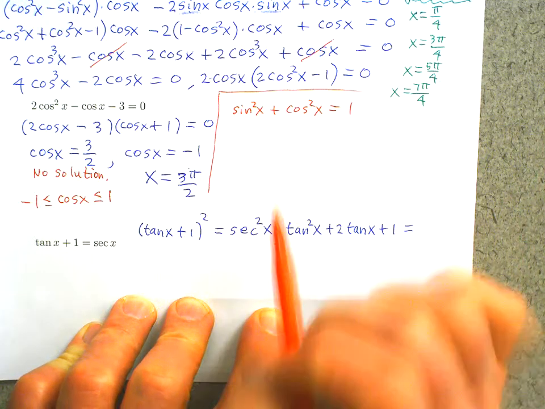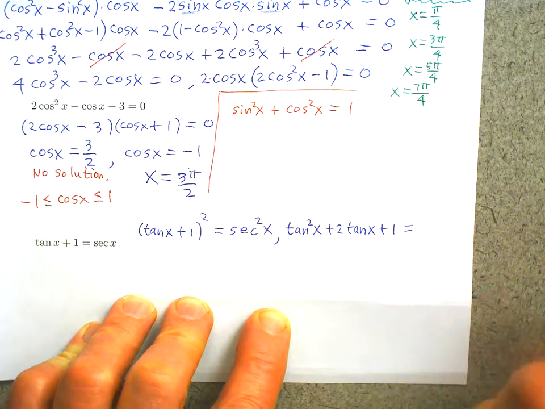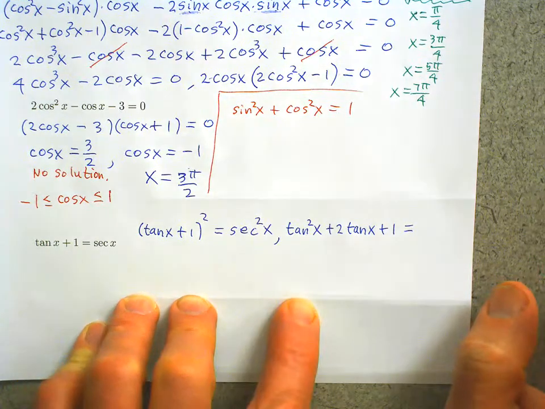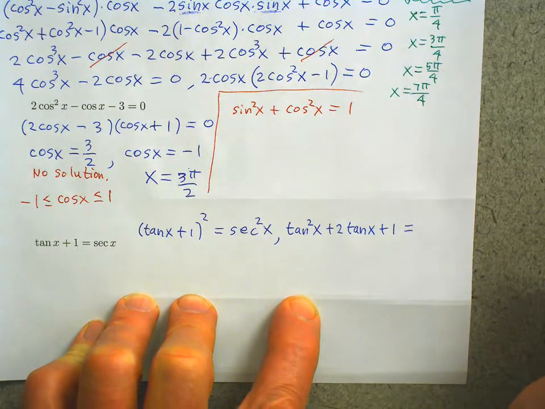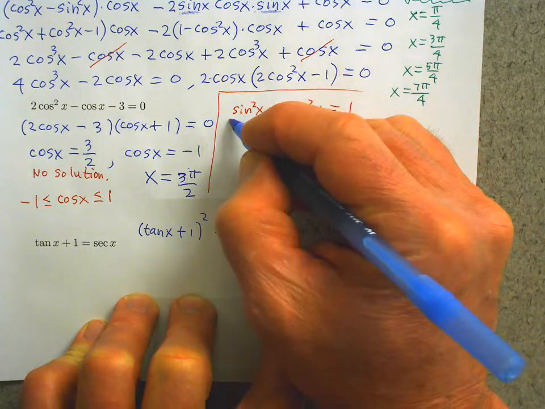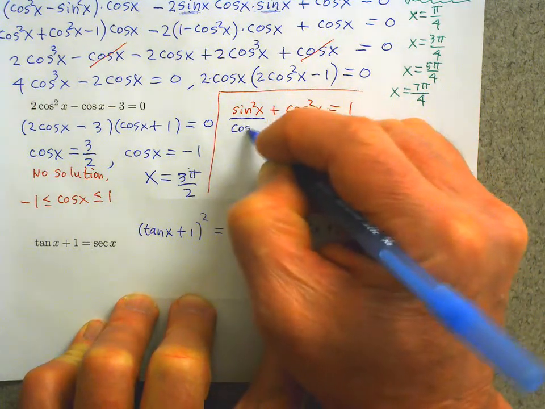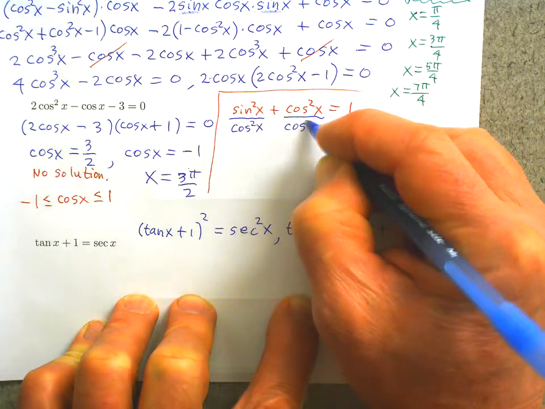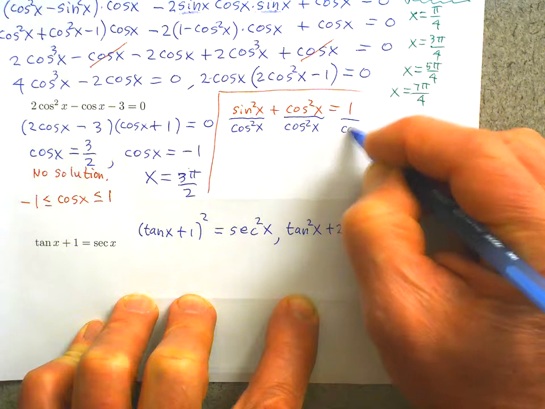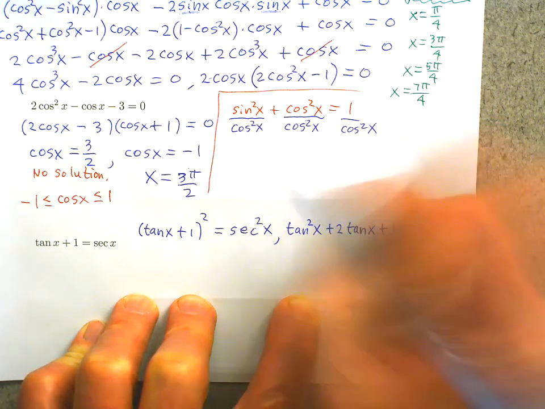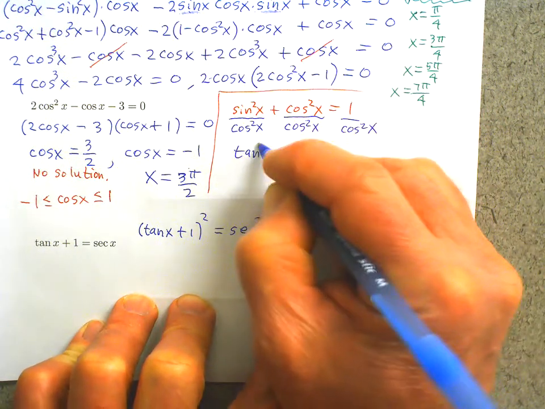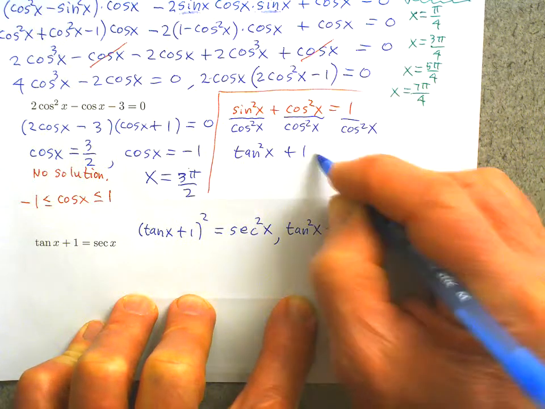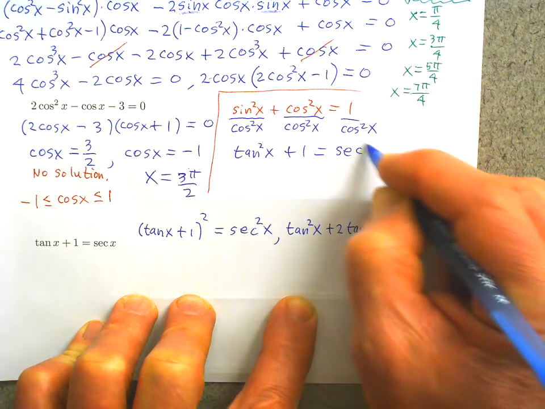And let's see, what do we do to get the tangent of x squared and the secant of x squared? Well, we divide every term by cosine of x squared. And so we get tangent of x squared plus 1 equals secant of x squared.